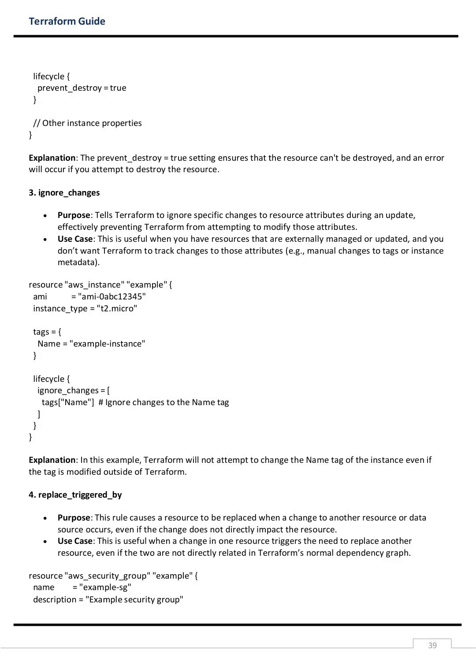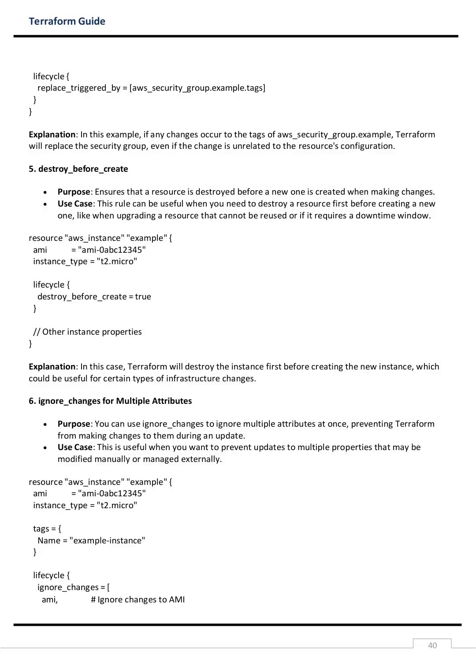Resource aws_security_group example. Explanation: in this example, if any changes occur to the tags of aws_security_group.example, Terraform will replace the security group, even if the change is unrelated to the resource's configuration.